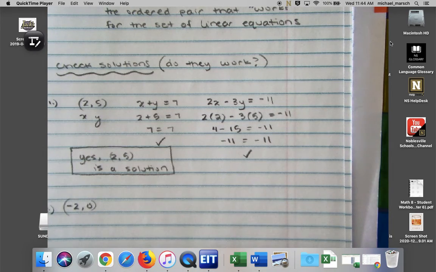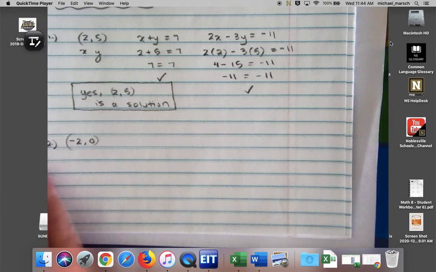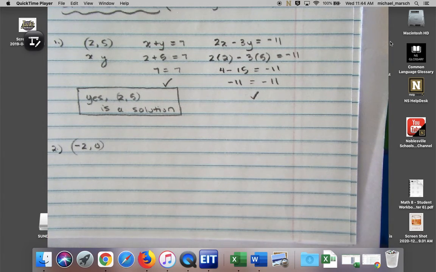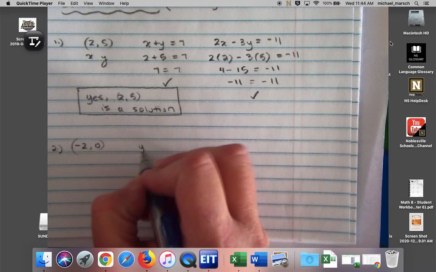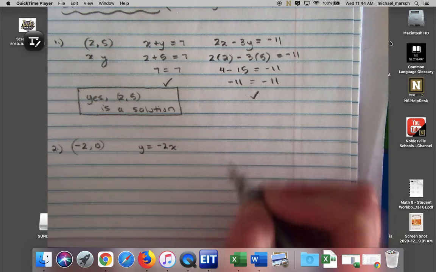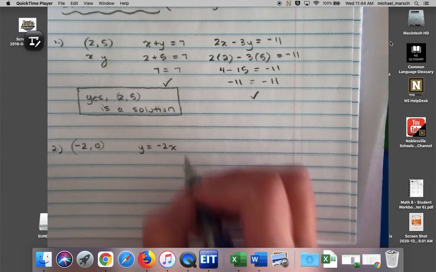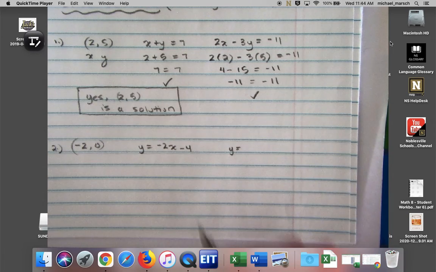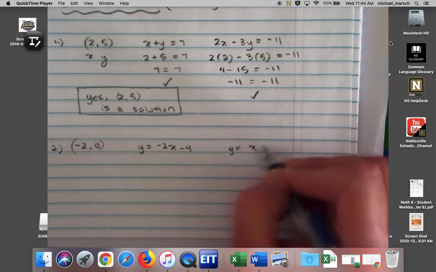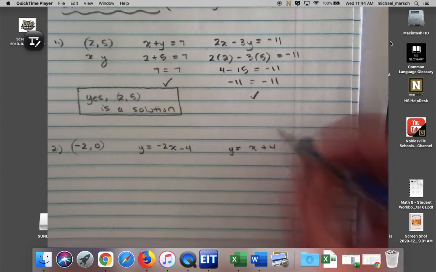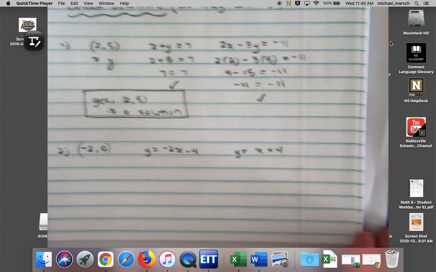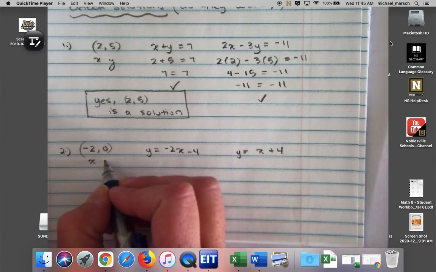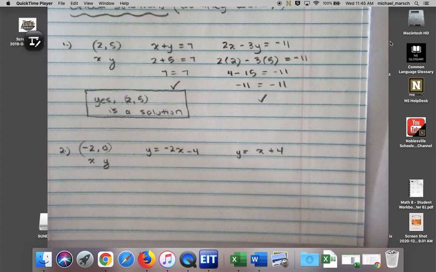We're going to use the ordered pair negative 2, 0, and these two equations: y equals negative 2x minus 4, and y equals x plus 4. Remember, we're going to plug in negative 2 for x and 0 for y.